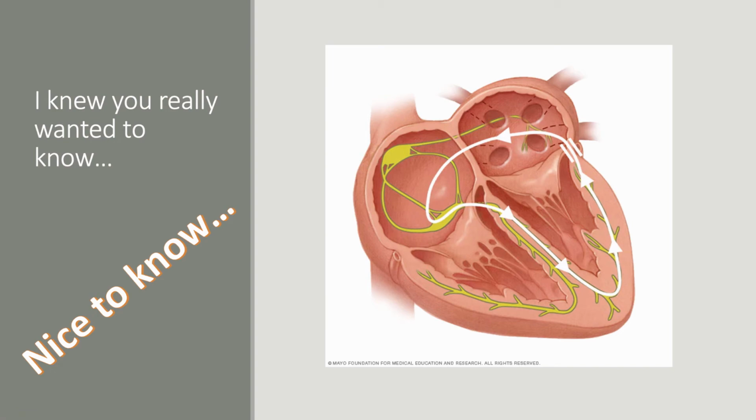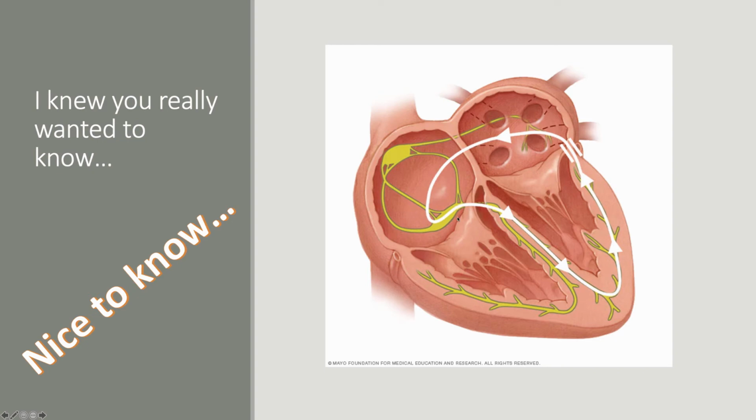This accessory pathway is a connection between the atria and the ventricles. Normally, that's the AV node's job, right? Well, this is extra tissue that lives up here and is a direct connection between the atria and the ventricles. Doesn't go through the AV node.